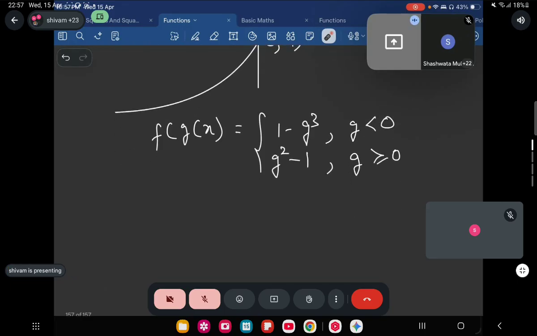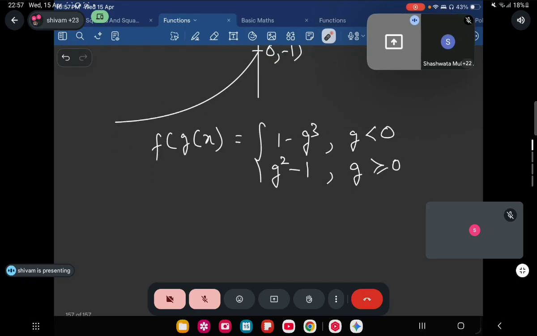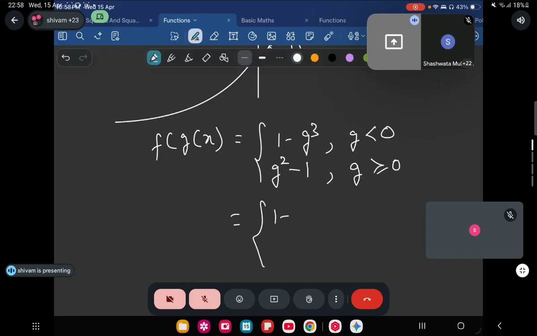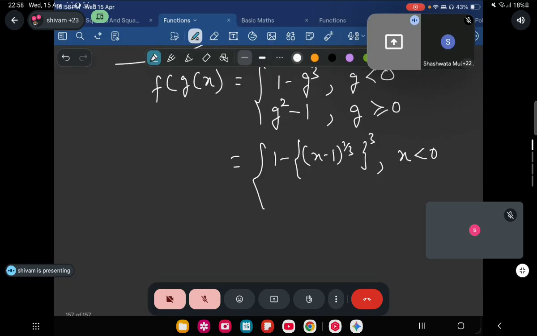So we can substitute x minus 1 whole to the power 1 by 3 whole cube. Okay. This will be equal to 1 minus x minus 1 whole to the power 1 by 3 whole cube when x is less than 0. And next one will be x plus 1 whole to the power half whole square minus 1 when x is greater than or equal to 0.